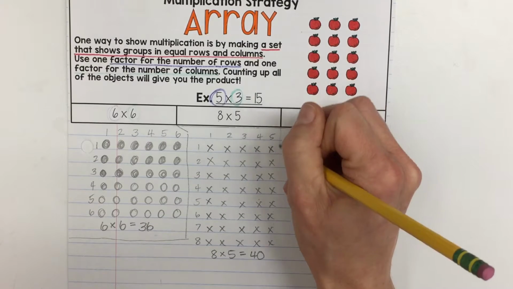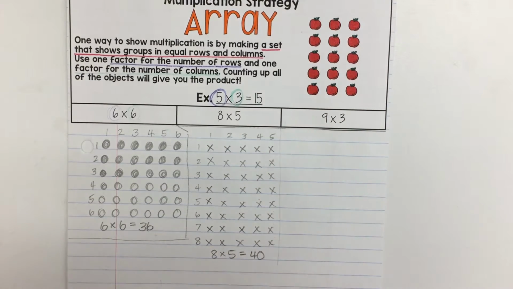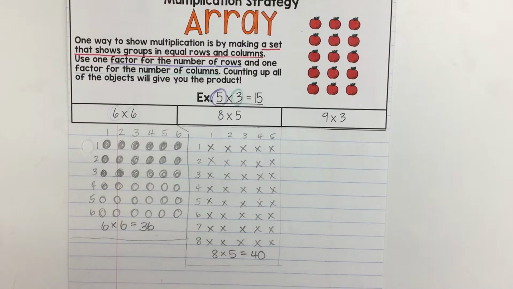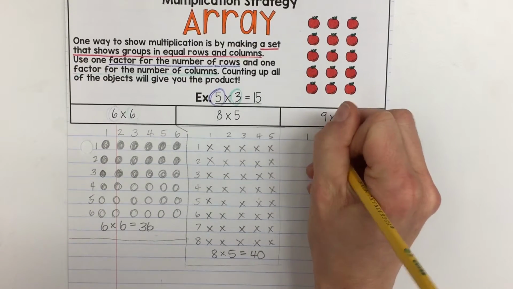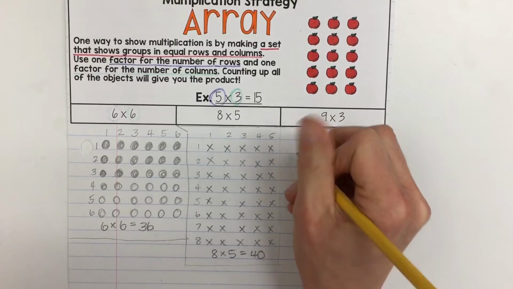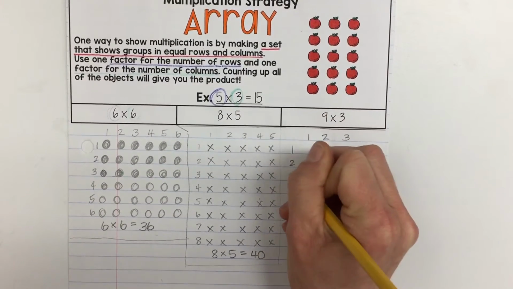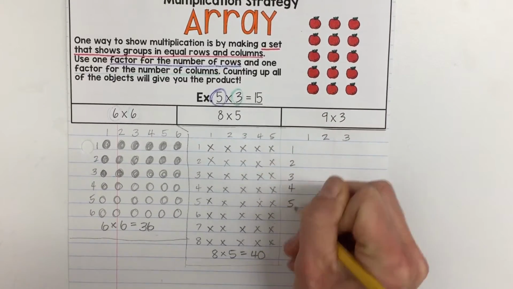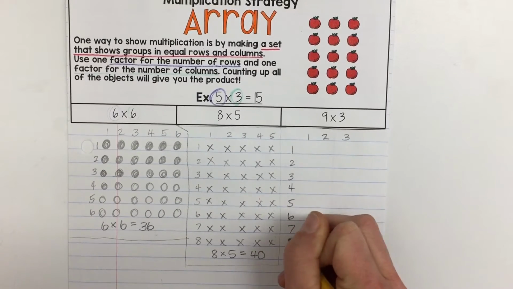And our last example here is 9 times 3. And I'm going to do 3 columns and 9 rows. 1, 2, 3, 4, 5, 6, 7, 8, 9.